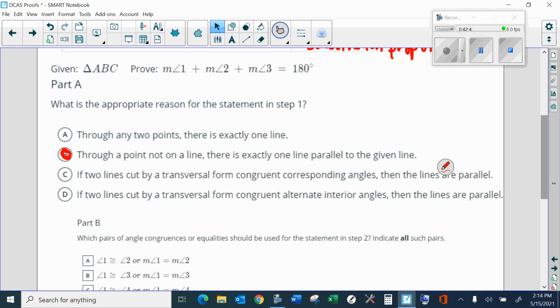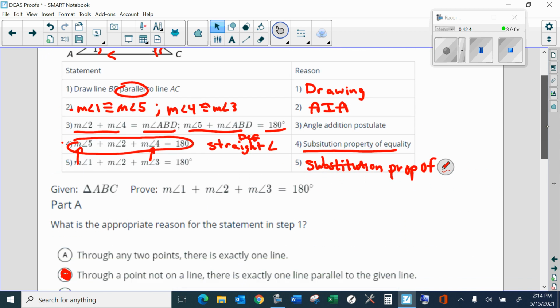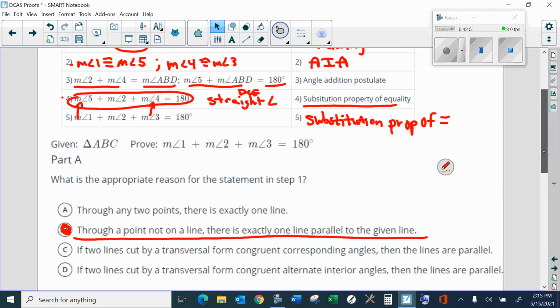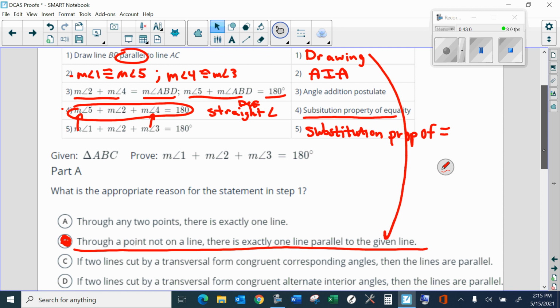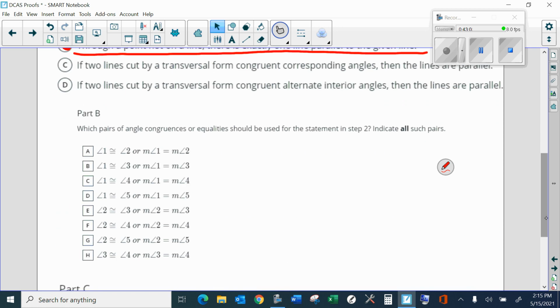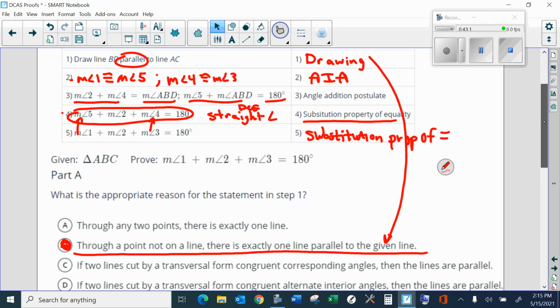Okay, so here'd be your definition right there. They have it as a drop down right here. Through a point not on the line, there's exactly one line parallel to the given line. Okay, that's going to be your answer to justification for this right here. Step 2, which pairs of congruences or equalities should be used for statement 2? We already said which those are. So we're going to have 1 and 5.